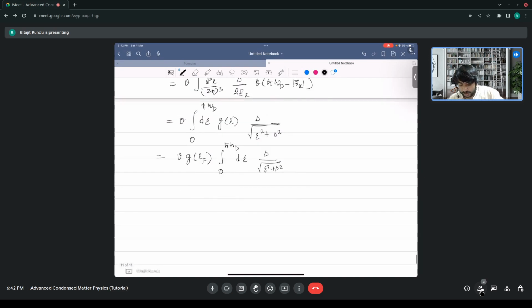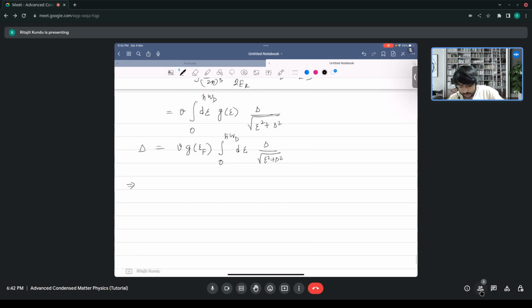Here also there is delta, so delta will cancel out from both sides, because I am assuming it is constant and doesn't depend on energy anymore.